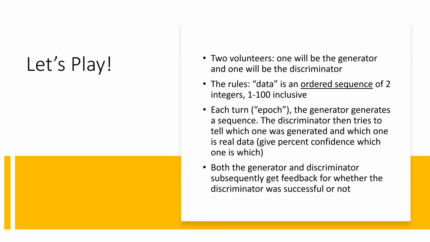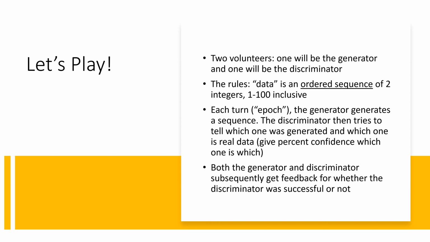Pretty soon, the discriminator will converge first in this case. So the discriminator should figure out what the pattern is first, and then the generator has to basically try and guess it. The generator will generate sequences until the discriminator says 50-50.